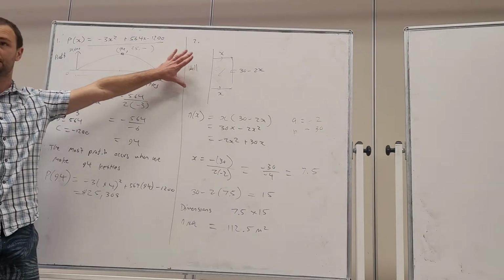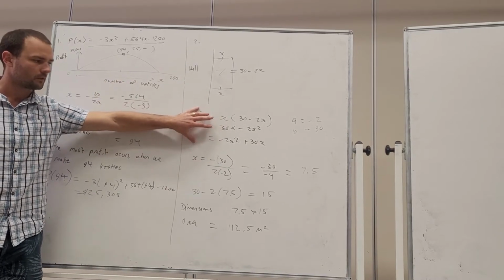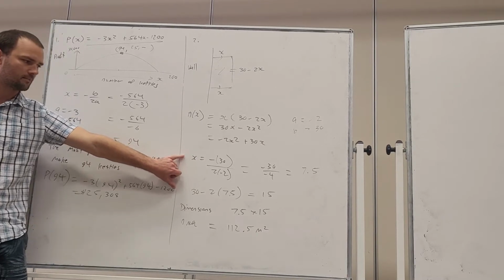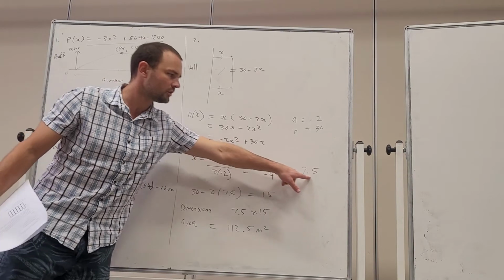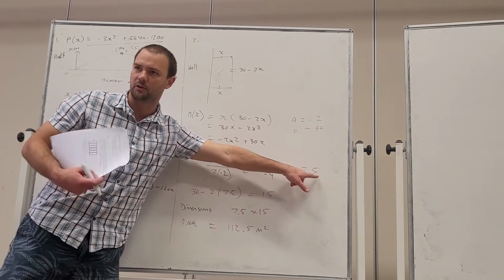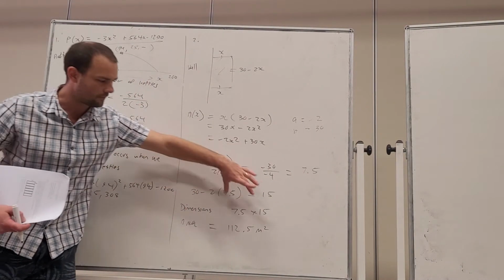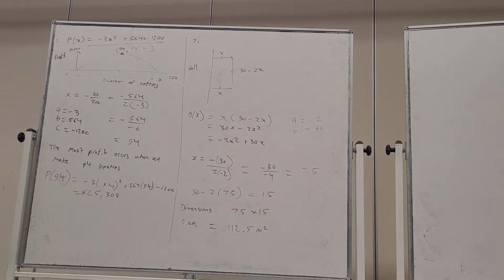Diagrams can help a lot, so if you need to, draw them. Then we've developed the equation. Then we've used this formula, the axis of symmetry formula, x is minus b on 2a. We've found the optimal solution. And then we've answered the problem in the context of the problem. We've put 7.5 into the function. We've found the dimensions. We've found the respective area. Excellent.